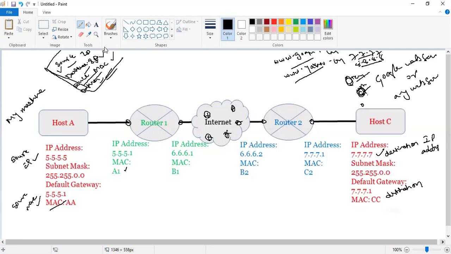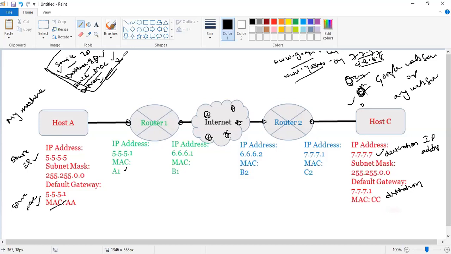So holding the destination MAC address of the machine at the destination IP address, like 7.7.7 in this particular example, is not worth it, first of all. So what is the solution now?